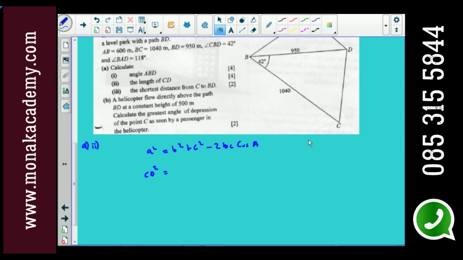It will be equal to 950 squared plus 1040 squared minus 2 times 950 times 1040 times cos 42. Are you okay? Going together?